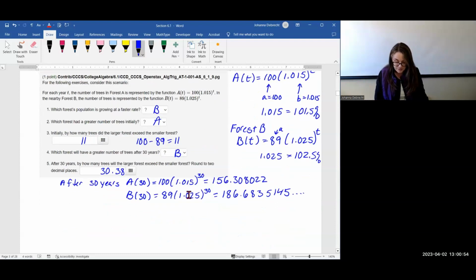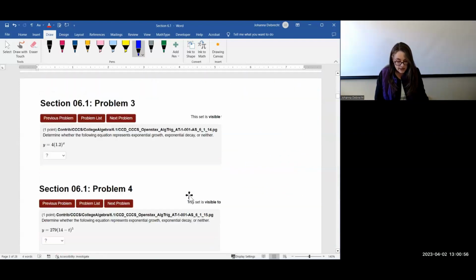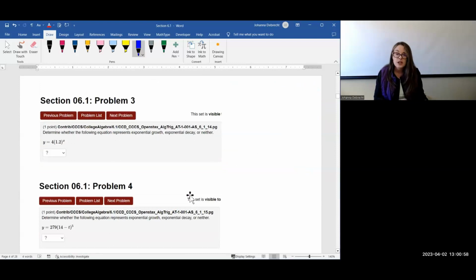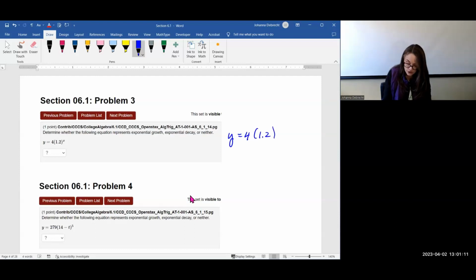Okay, let's move on now to the next couple of problems, which again is asking, are these exponential growth, exponential decay, or neither one? So let's look at problem 3. We have y equals 4 times 1.2, which is being raised to the x power.